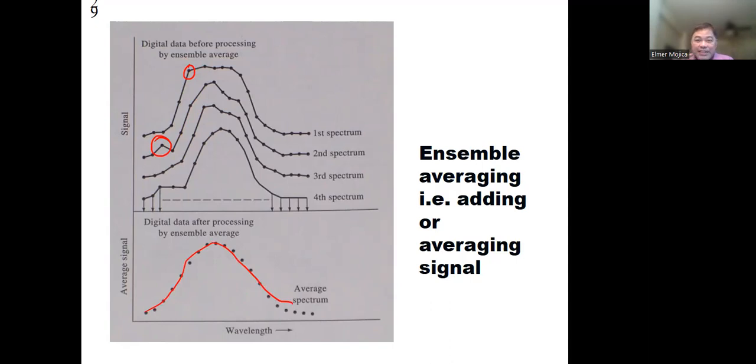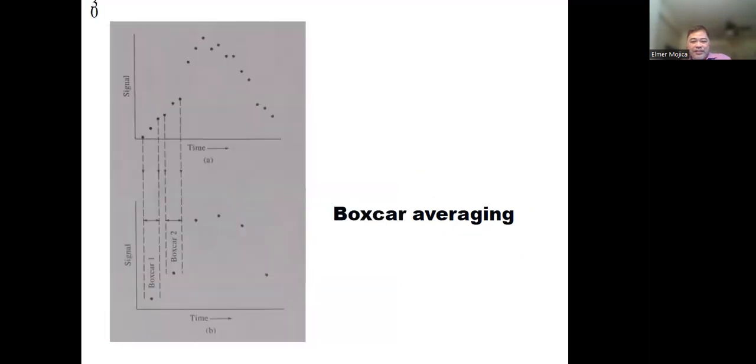When you're new, it's hard to tell, but if you work with this type of instrument and you have seen most of the spectra, you will see right away, oh, this is true. And then we have what we call boxcar averaging.